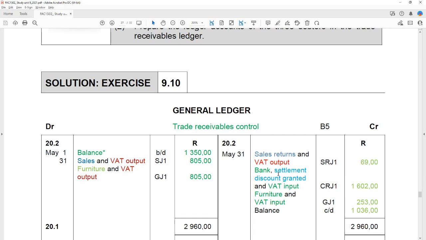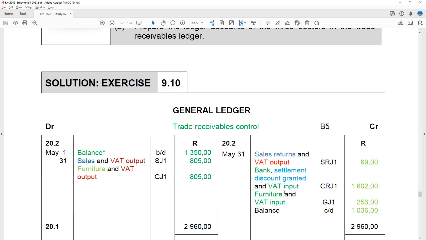Then our bank, settlement discount granted, and VAT input is 1,602. So this is coming from our cash receipts journal. Now, when we receive a payment from the debtors, or the payments, because this is the total of all the debtors paying us, that will also decrease their balance, or will decrease the asset, because they owe us then less.